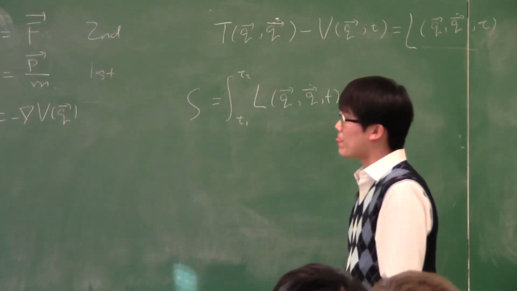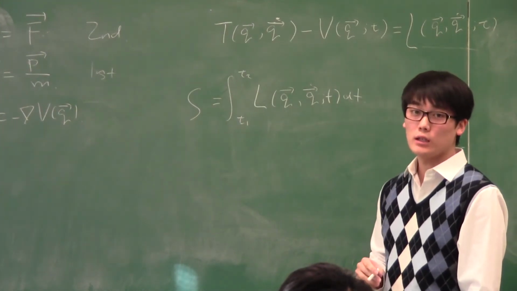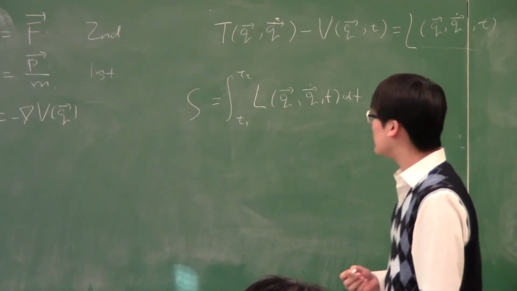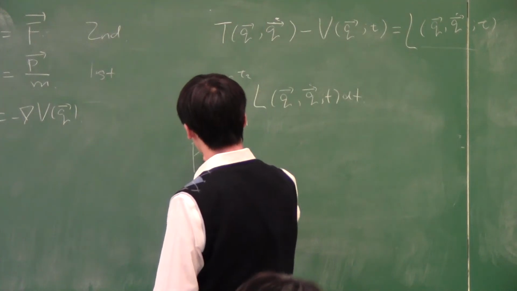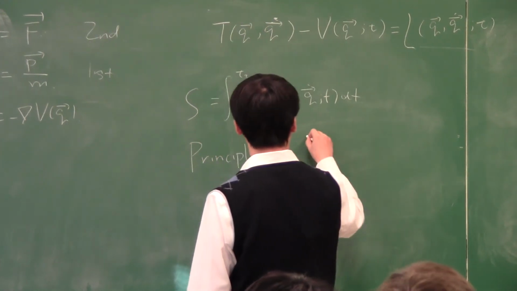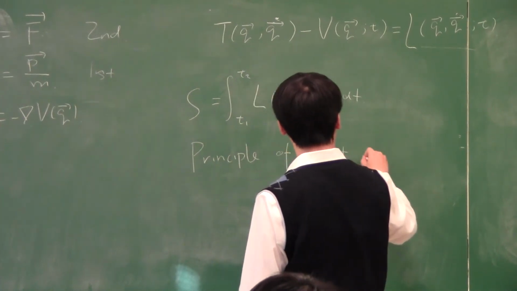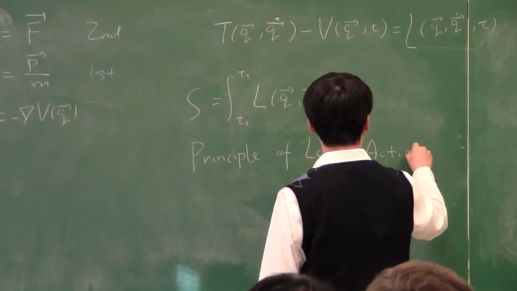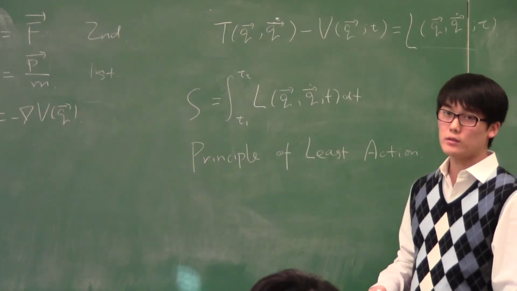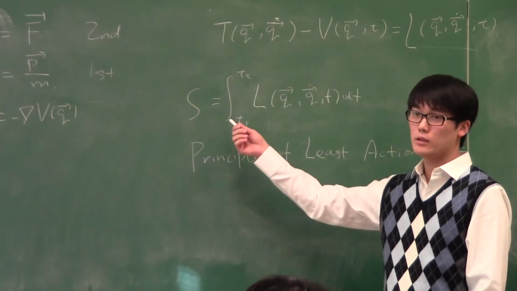And in Lagrangian mechanics, the derivation of the equations of motion is guided by a principle known as the principle of least action, which states that the system will evolve in such a way so as to minimize the action integral.